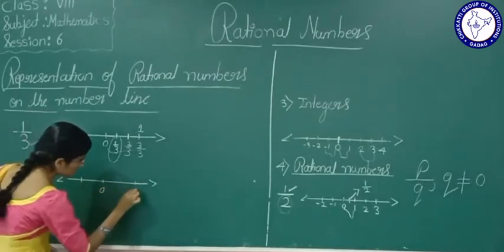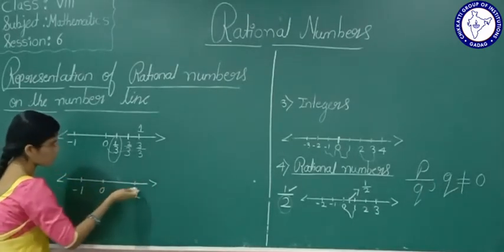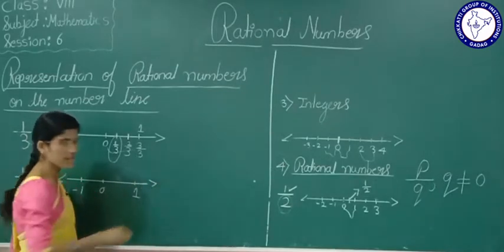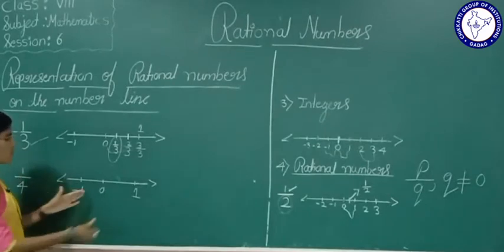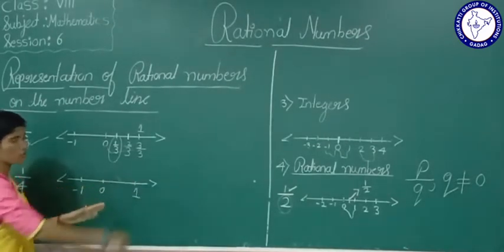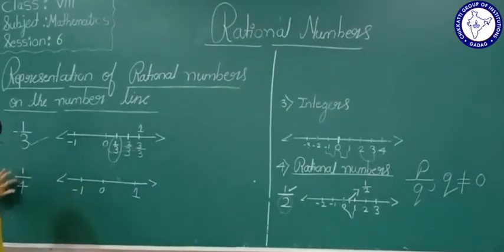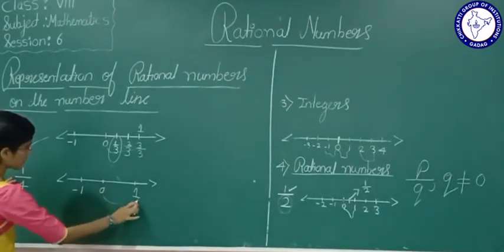Say 0, 1, minus 1. If you want, you can write 1, 2, 3 also. But we know that 1 by 4 will lie between 0 and 1. Try to draw all. See, 1 by 4 will lie somewhere here.